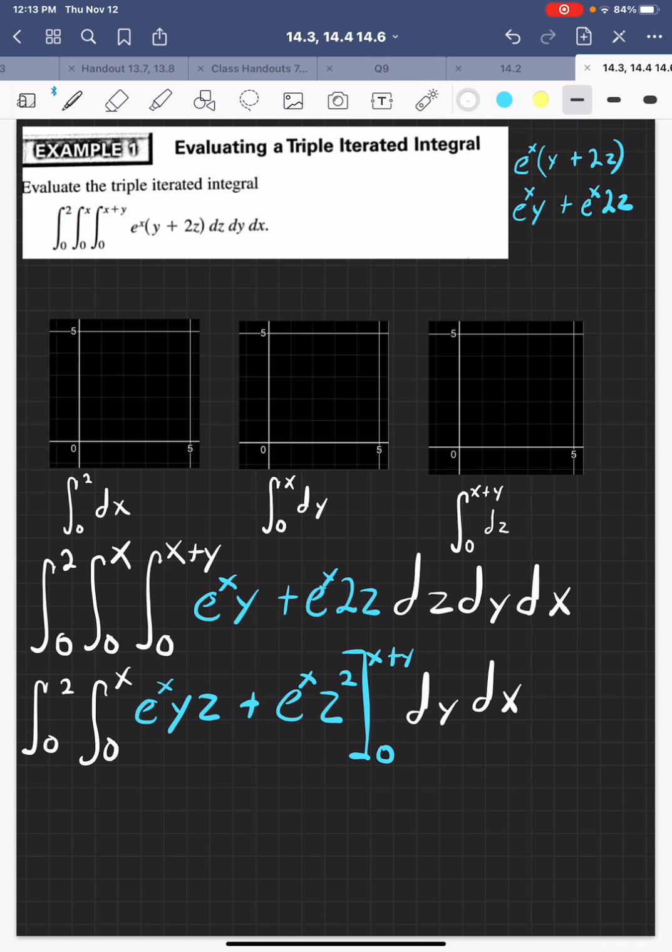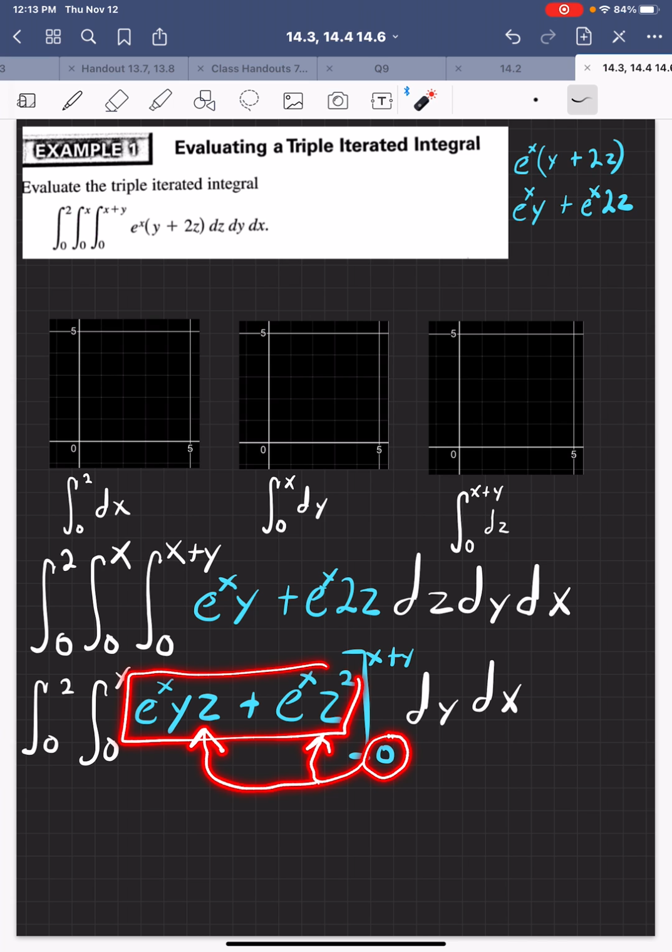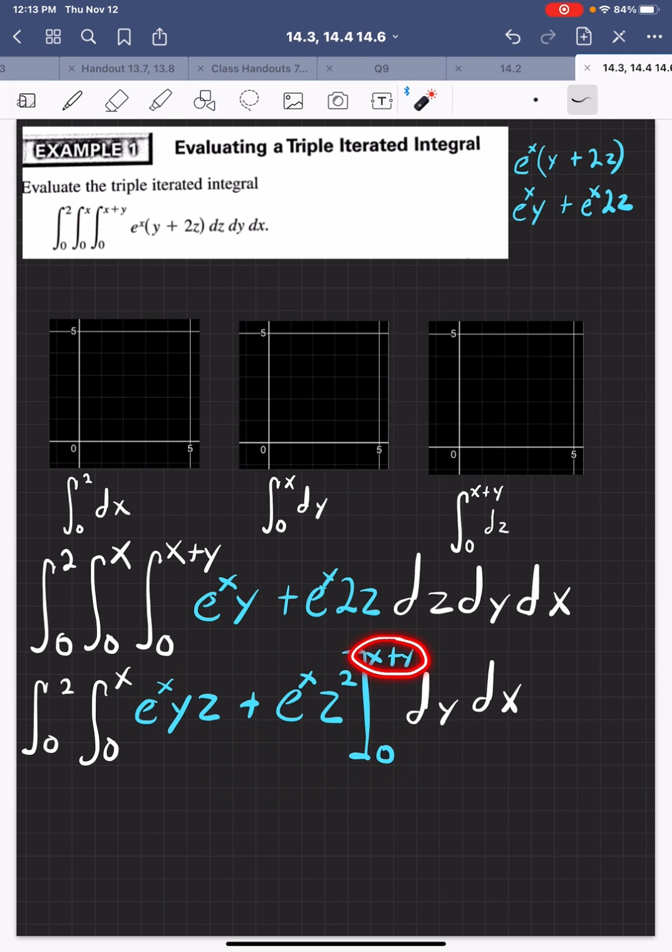Okay. So at this stage, first off, let's realize that if you plug 0 in for z, this entire integrand is going to 0 out, right? So really, it's only a matter of plugging in the x plus y.